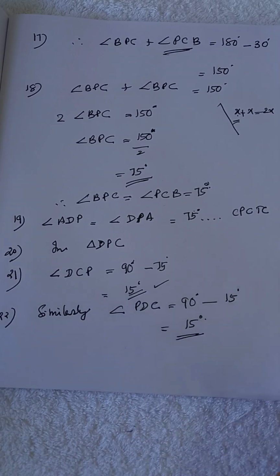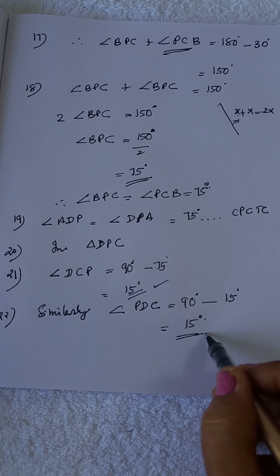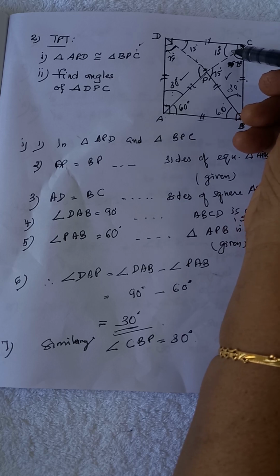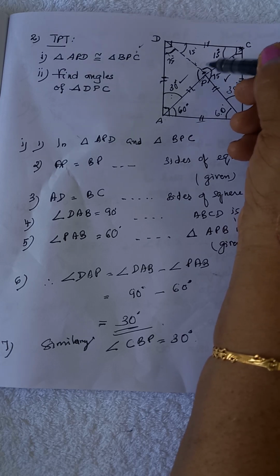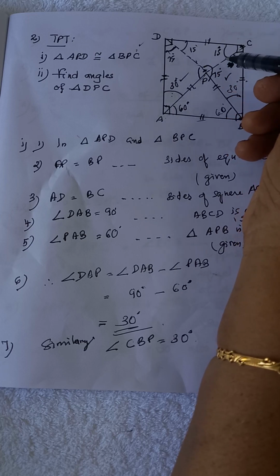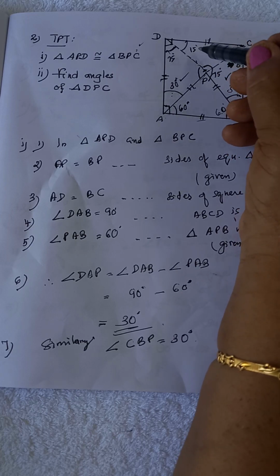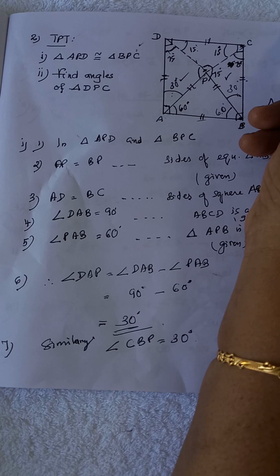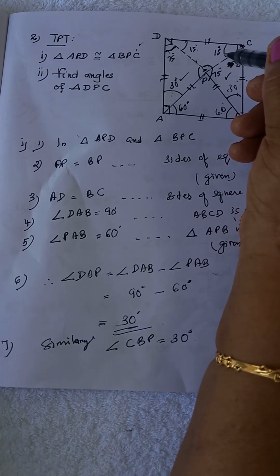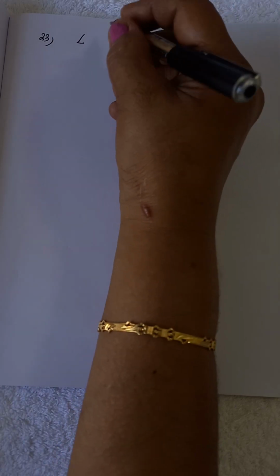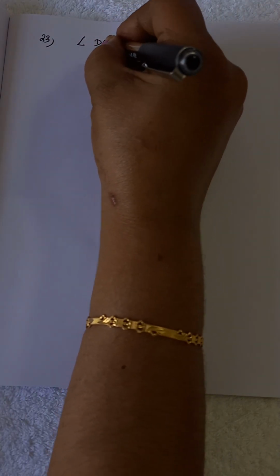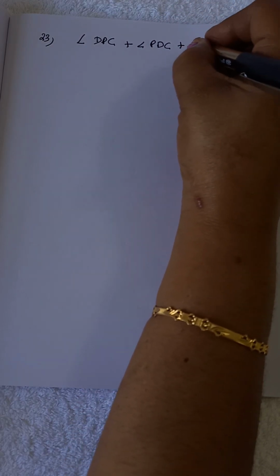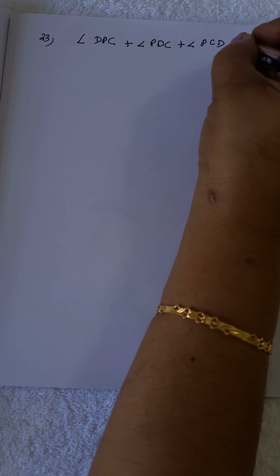So here this is 15 degree, here this is also 15 degree. That is, in the triangle DPC, we have this angle and this angle, and we have to find out this angle. So what is the sum of the angles of triangle DPC? That is 180 degree. So 15 degree plus 15 degree plus this angle will give you 180 degree. From that we can find out this angle. So we can write angle DPC plus angle PDC plus angle PCD is equal to 180 degree.